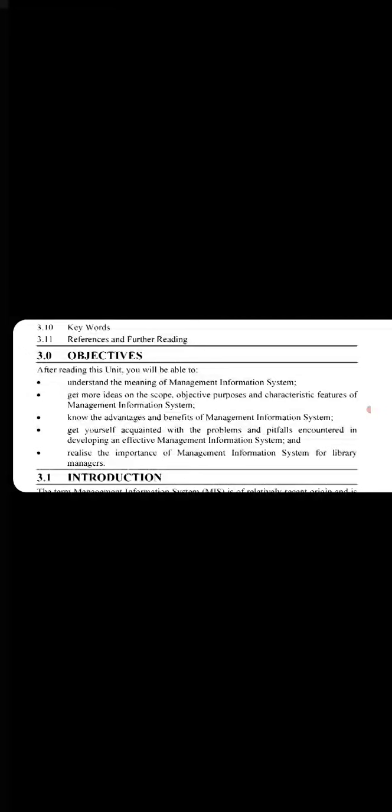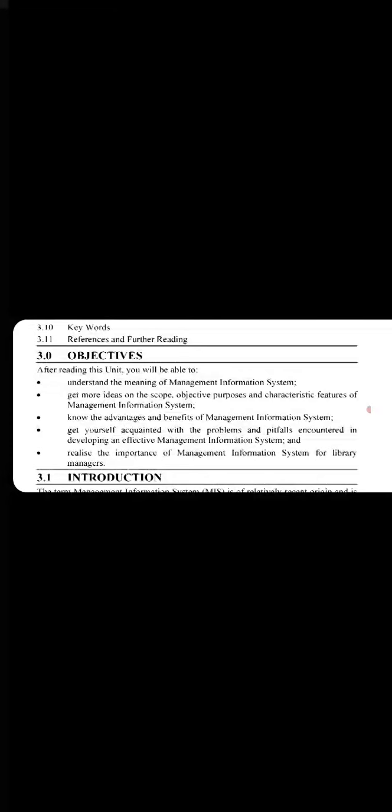So understanding the meaning of MIS, and get more ideas on the scope, objective, purpose, and characteristic features of MIS. Know the advantages and benefits of MIS.